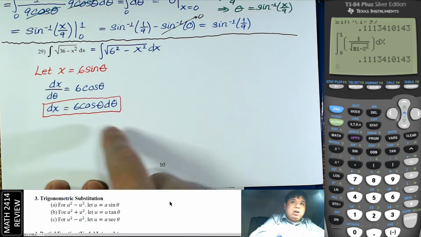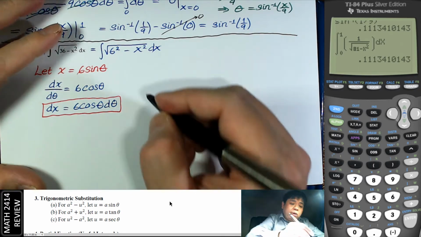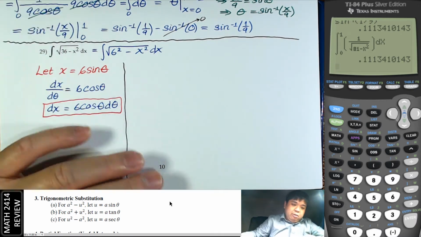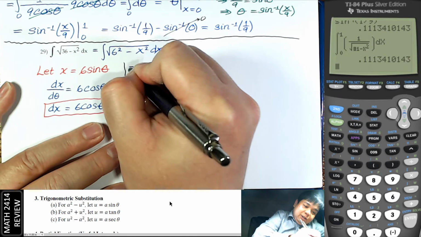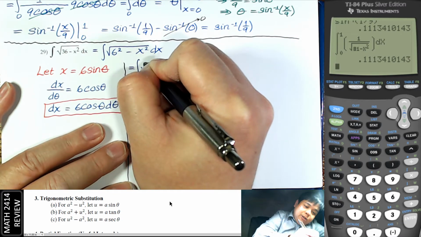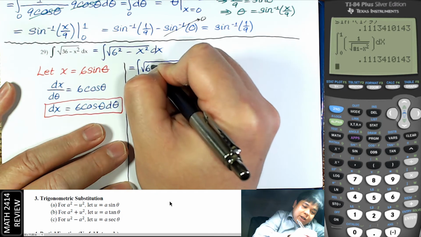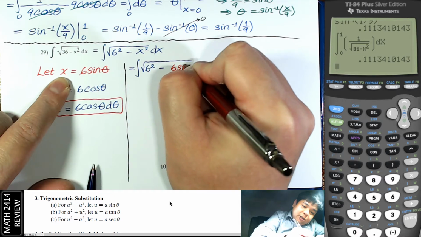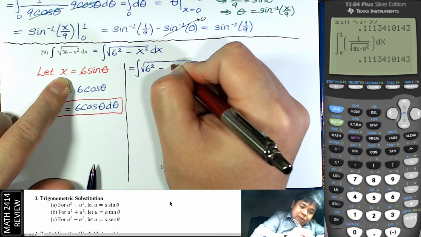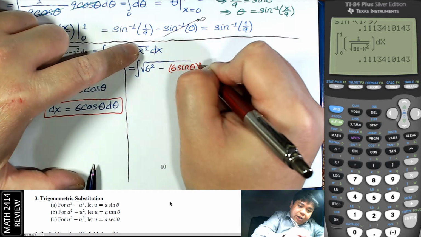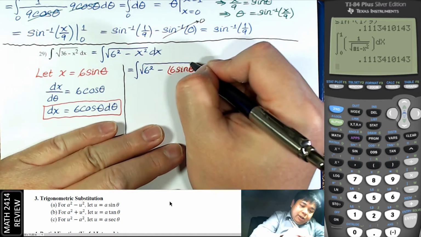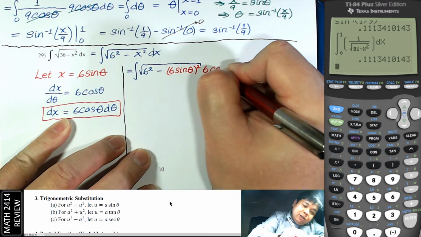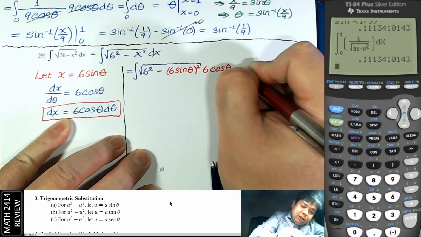We might need to draw a triangle and do some other things to solve for it, but we continue the integral from here. Be 6 square. x is 6 sine theta, square. dx is 6 cosine theta d theta.